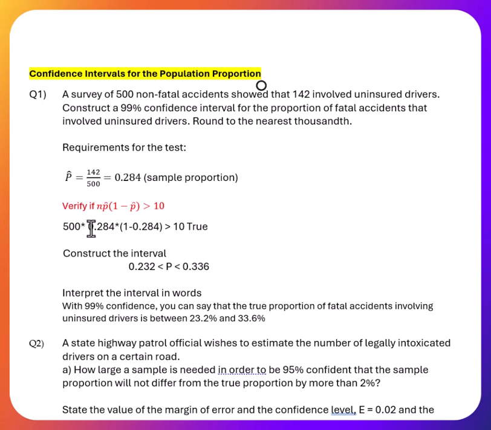If you multiply those three numbers together, you get 101.672, which is of course greater than 10. So we're ready to find the confidence interval.